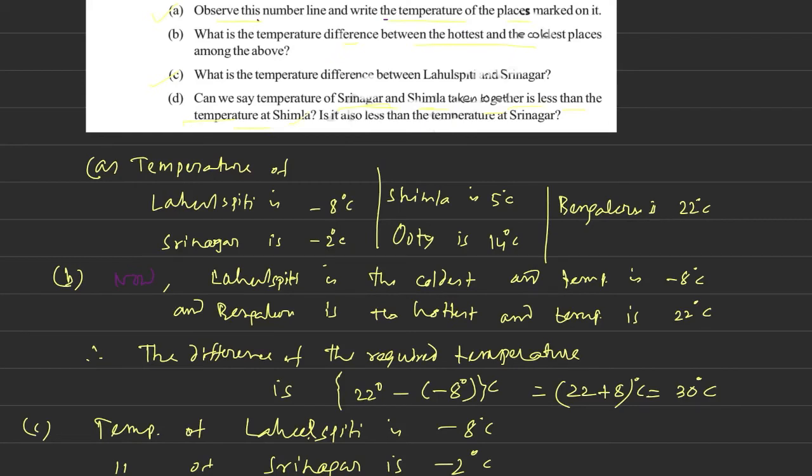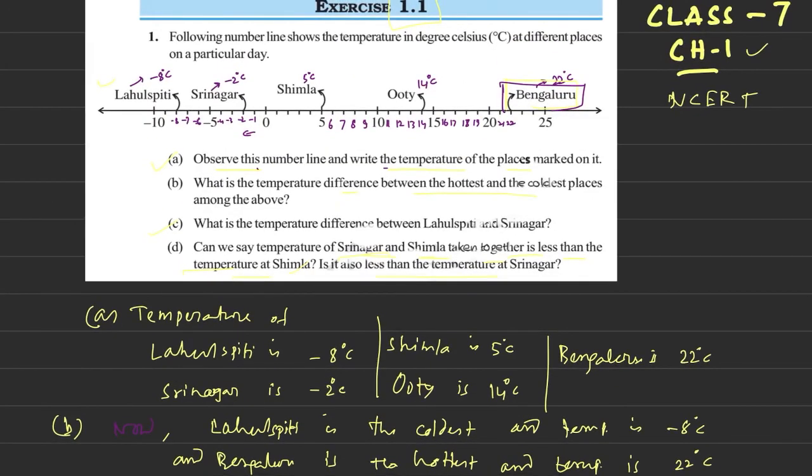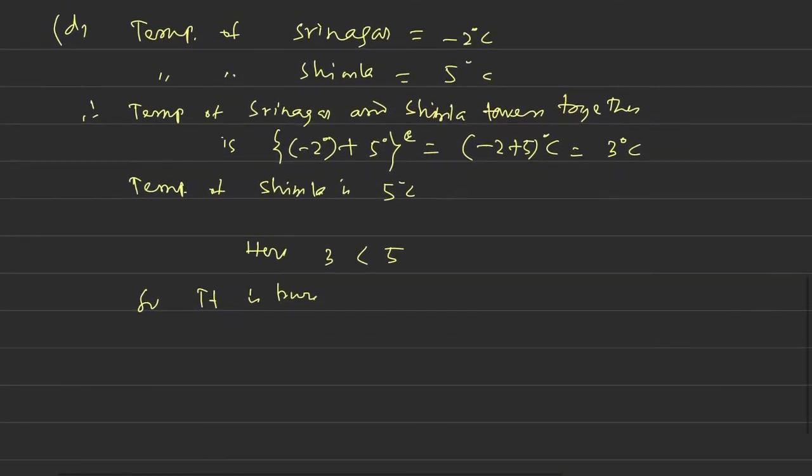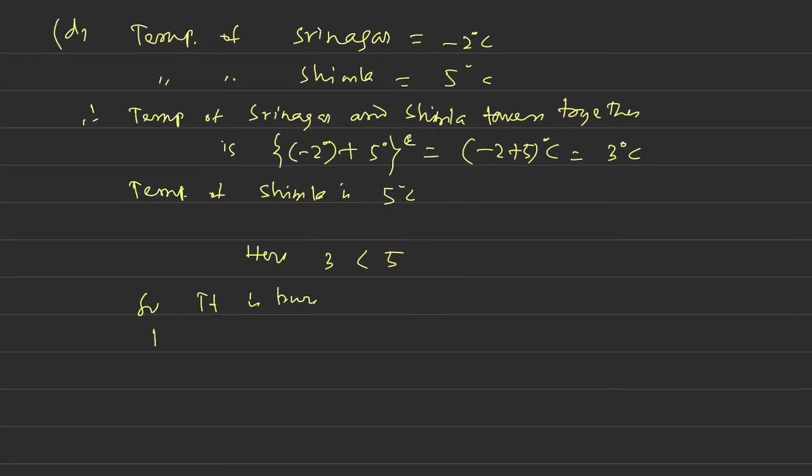Is it also less than the temperature of Srinagar? Look at this carefully. The temperature of Srinagar is minus 2 degrees centigrade, and you know minus 2 is less than 3.